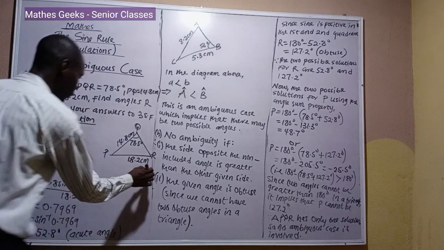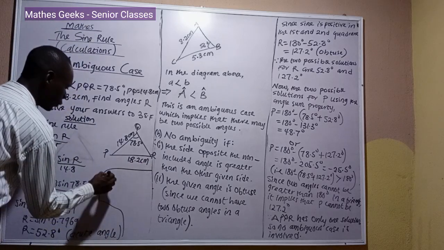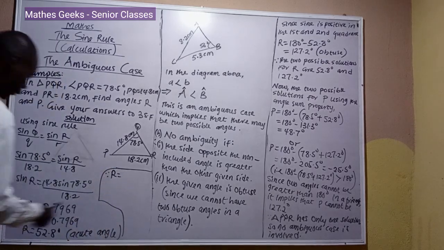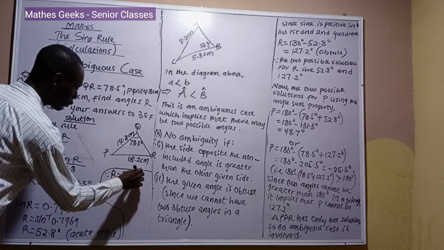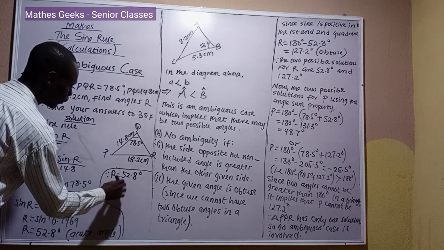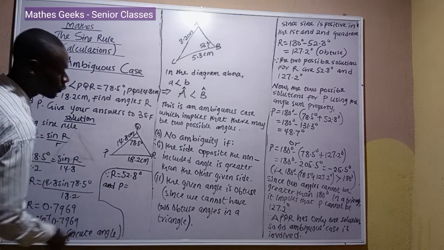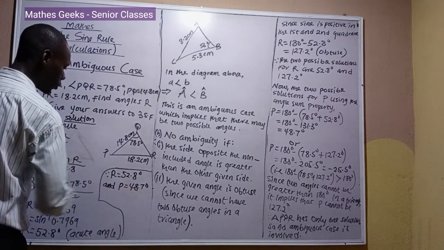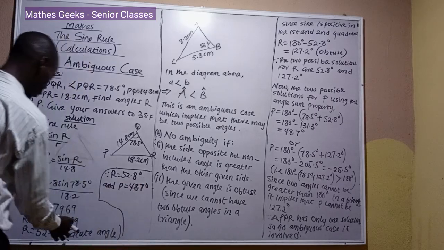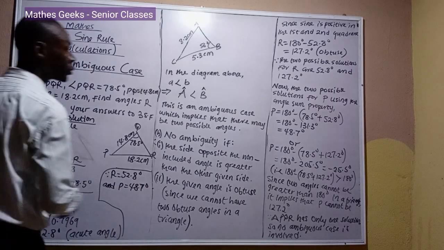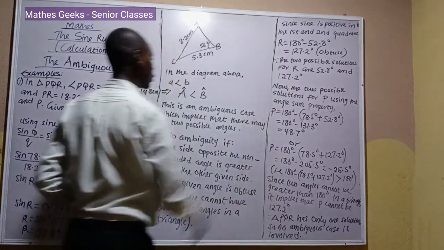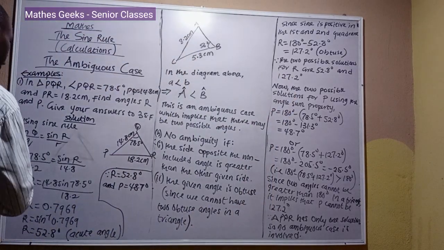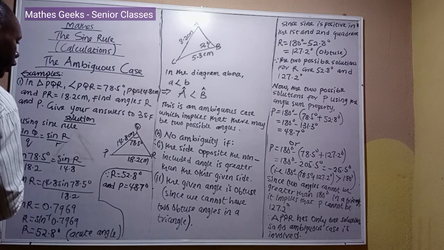So we're going to say therefore, I'm going to come here. So therefore R is equal to 52.8 degrees and P is equal to 48.7 degrees. So if you observe, I did not include the obtuse angle of R, which is equal to 127.2 degrees, because P does not have an obtuse angle, unlike the first example I treated where both of them have obtuse angles.